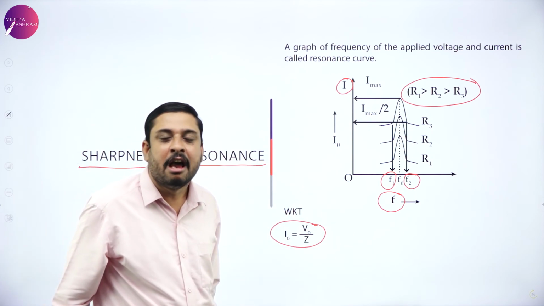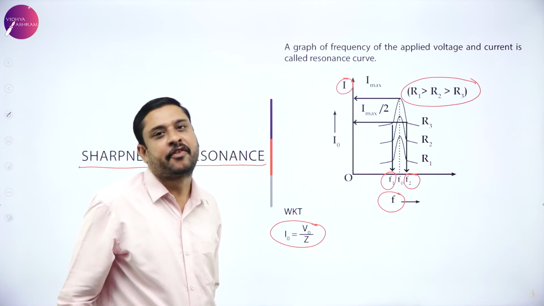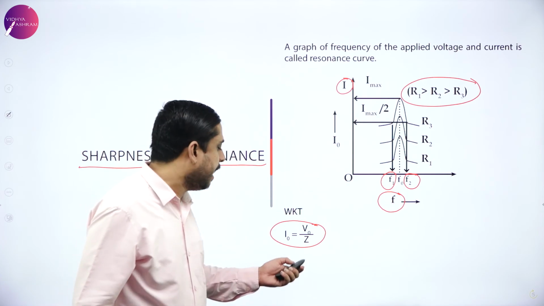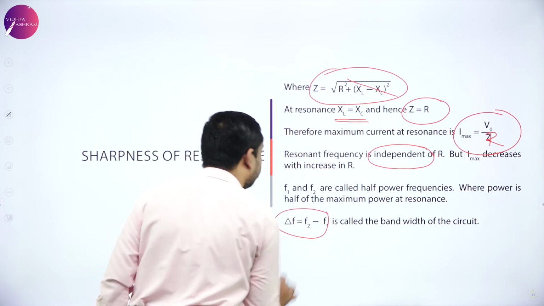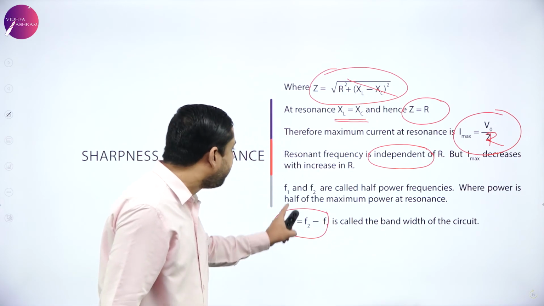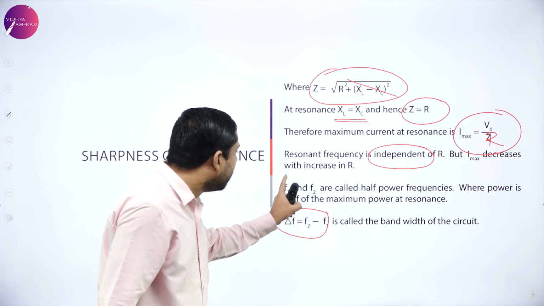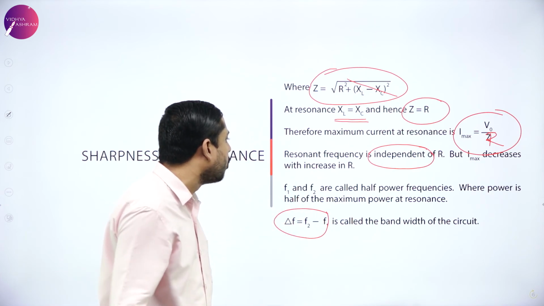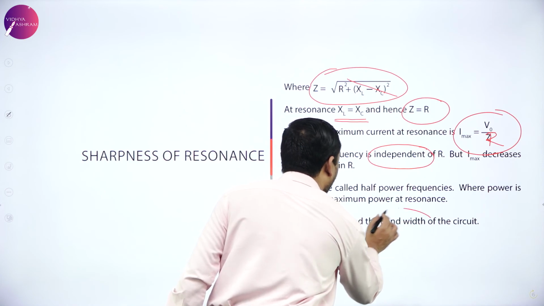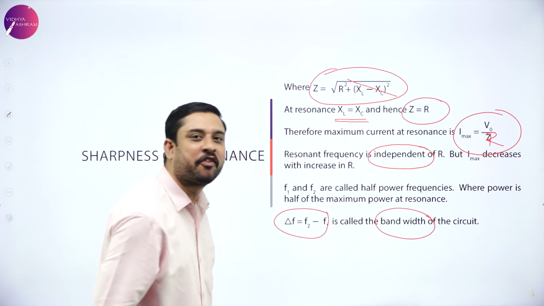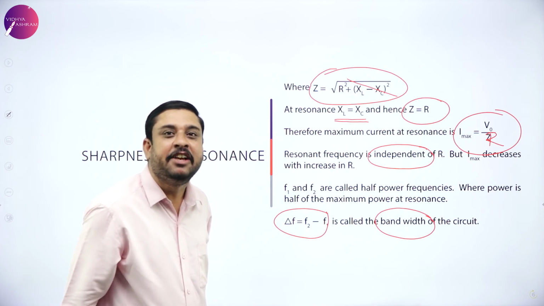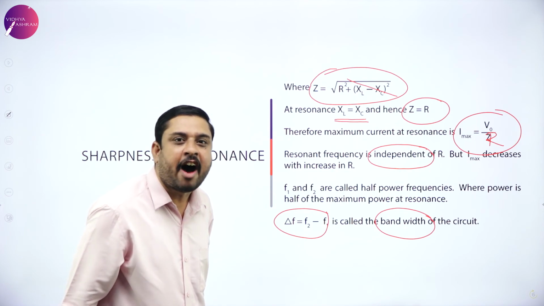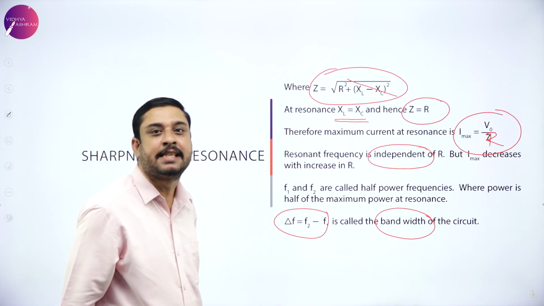And F2 minus F1, the difference of the half power frequencies, is called bandwidth of the circuit. What is bandwidth? It is the difference of the half power frequencies.